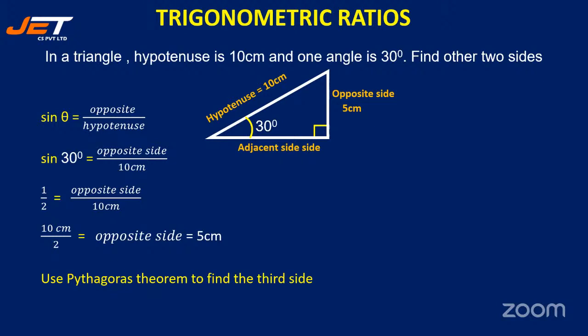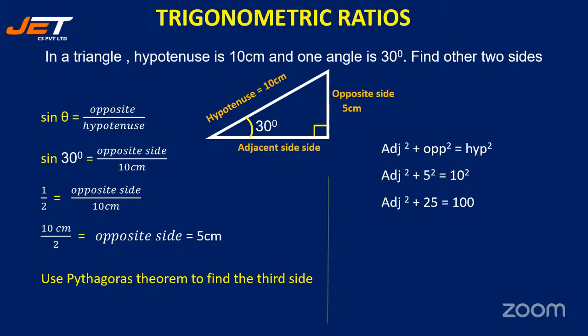So we are using the Pythagoras theorem to find the third side. Right. So what does the Pythagoras theorem say? Hypotenuse squared is equal to opposite side squared plus adjacent side squared. So 5 squared plus adjacent squared is equal to hypotenuse 10 squared, whereby adjacent squared is equal to 100 minus 25, which is 75.